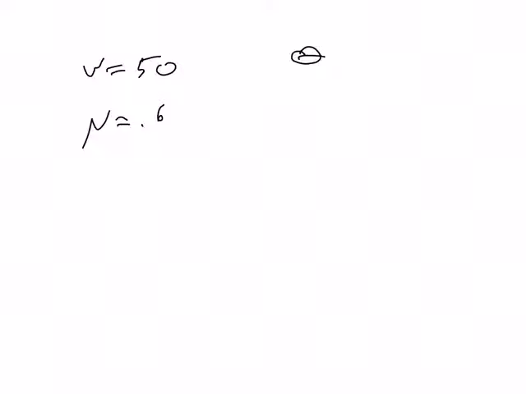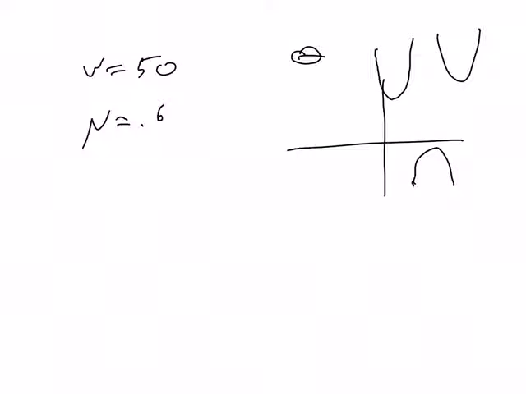So when we graph this, we're going to have the x-axis, and we're going to have something that looks like that, and like this, and it just does this infinitely many times. And this is the magnitude of the force.